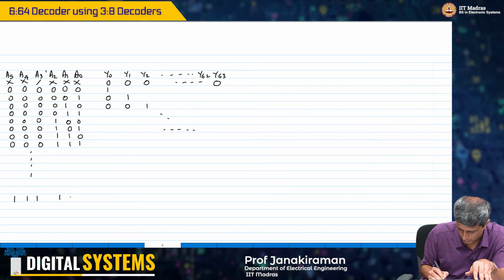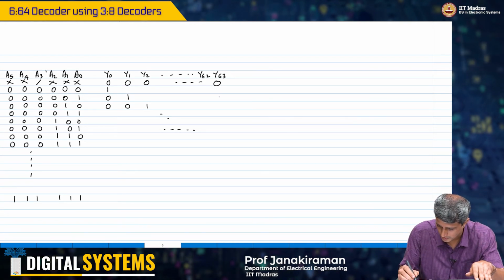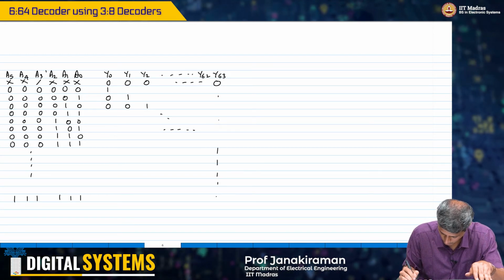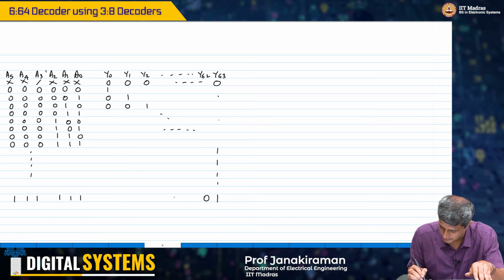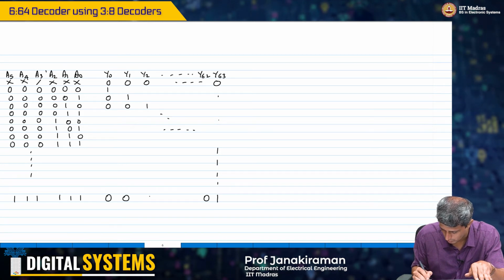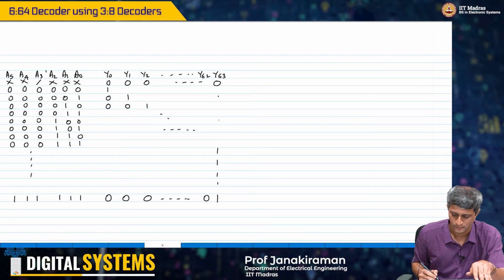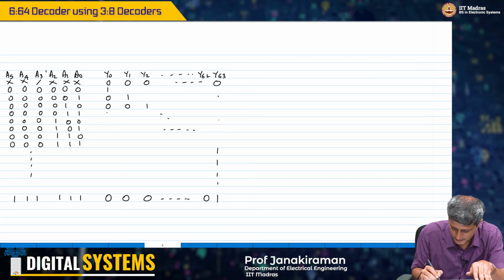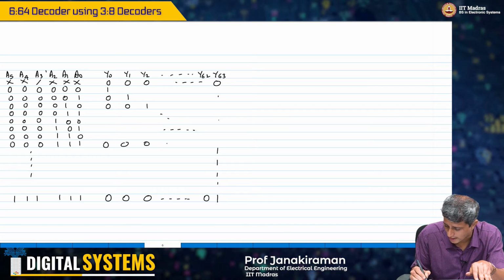Then I am going to continue this all the way to 1 1 1, in which case Y63 will go high and everything else will be 0, and so on. So if you look at just this, at 1 1 1 Y7 will go high.